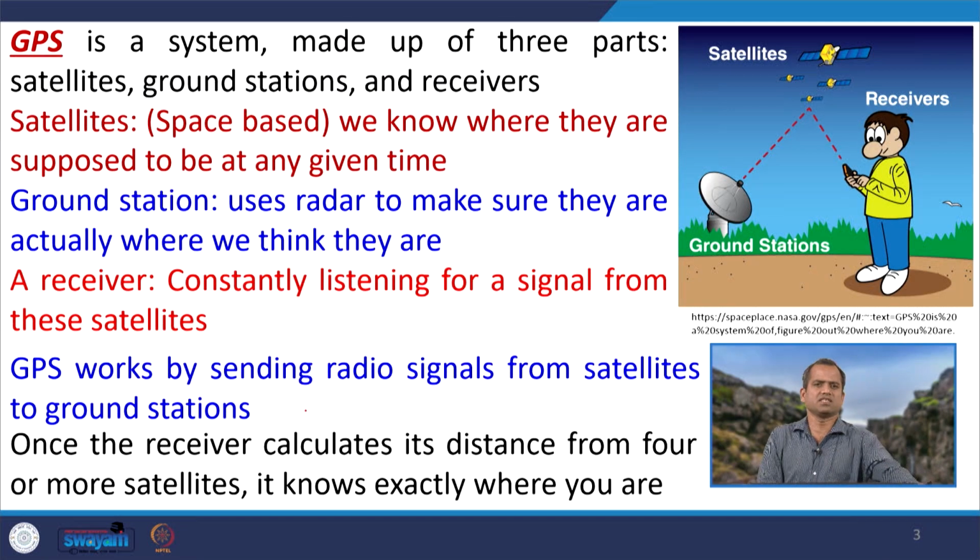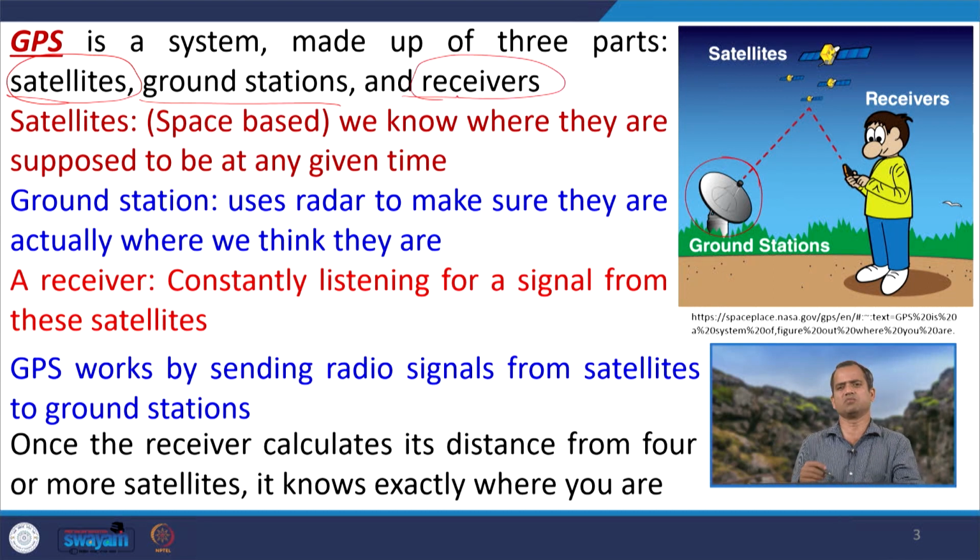And GPS is a system made up of 3 parts. So what are the 3 parts? First is the satellite part that we have already discussed. Then we have a ground station. Then third is the receiver, that means you, the mobile phone users.